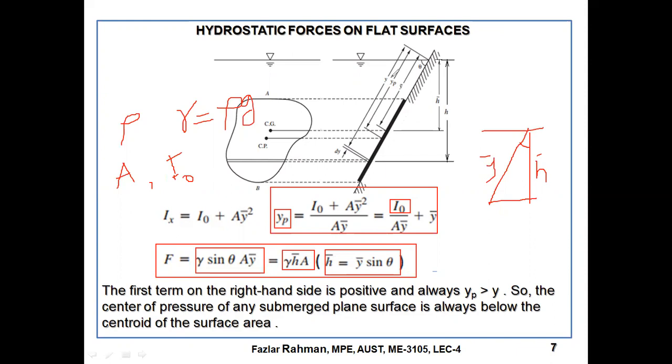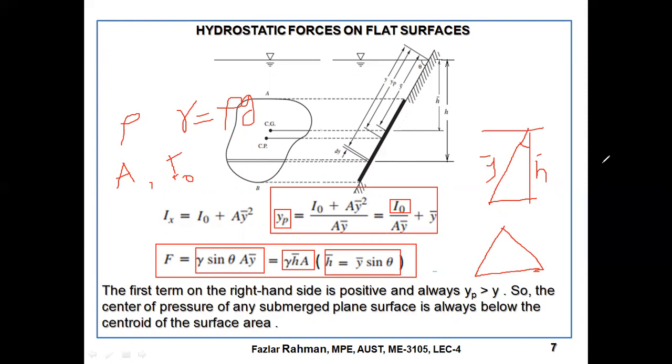Sometimes, for example, a rectangular object remains in the plate right over here. So this plate, instead of square, is rectangular. So how will we figure out the Yp, how will we figure out the force?